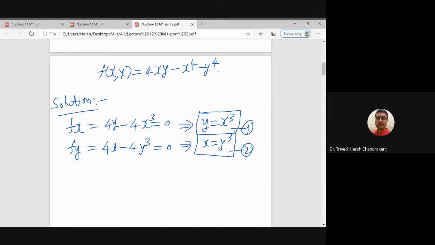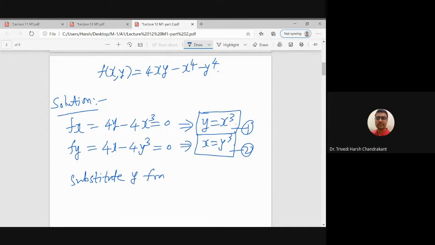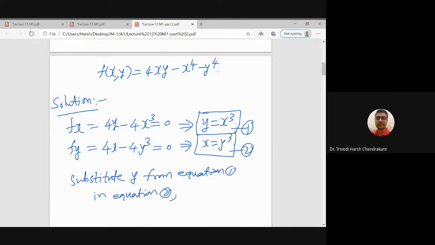What we do is substitute the value of y from equation 1 in equation 2.